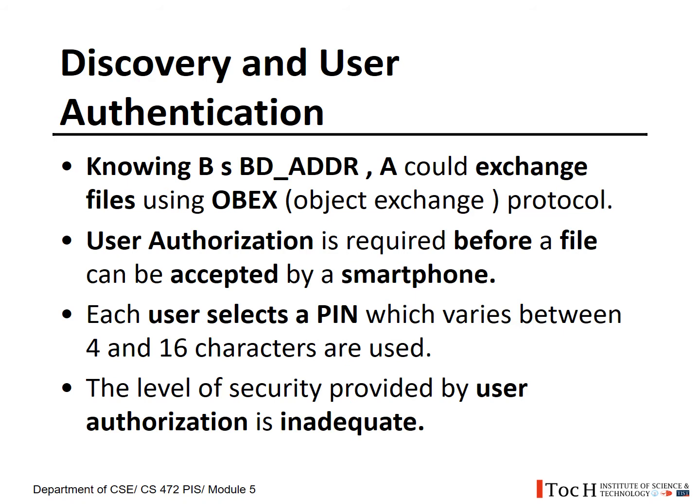For B to accept the file from A, user authentication is required. And for this, B selects a PIN number which varies between 4 and 16 characters. But this level of security provided by user authentication or user authorization is inadequate.